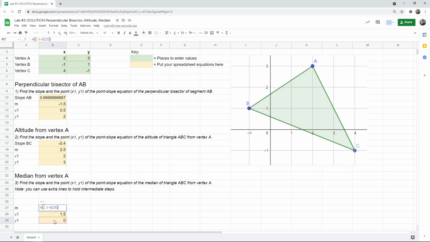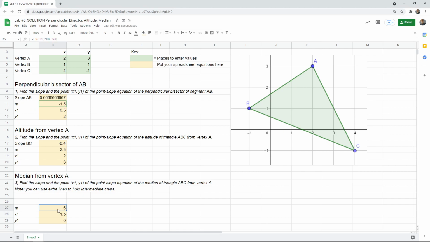So that's a change in y divided by the change in x. This x coordinate minus, and we'll use the 1.5. So this has a slope of 6, and that does look very steep. It does rise 3 and run a half, which is 6.